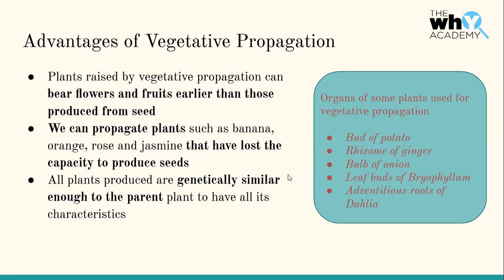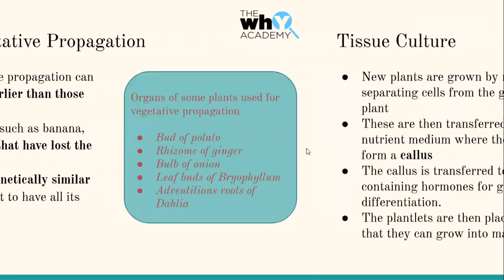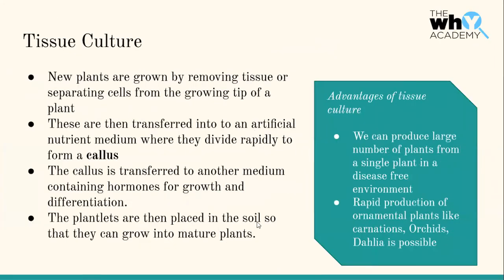Okay, and now you have tissue culture. Tissue culture also, this much is sufficient. This slide is sufficient for information on tissue culture. We've covered the advantages, what it is and how you do it also. So new plants are grown by removing tissue or separating cells from the growing tip of a plant.